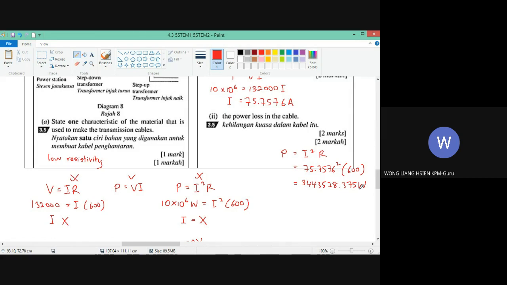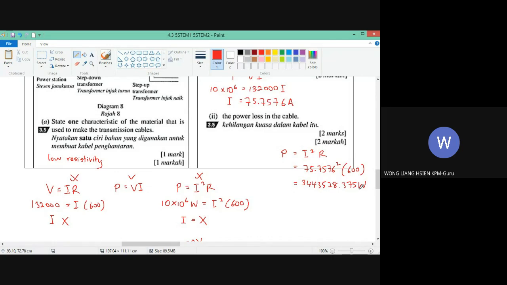Do not, I want to stress, do not round off become standard form. I mean, don't change into 3.44 times 10 power by 6. If you change to 3.44 times 10 power by 6, it's wrong. Because you round off too much.